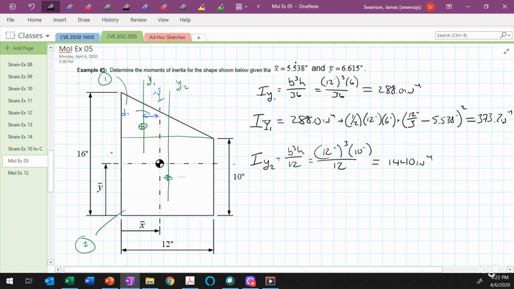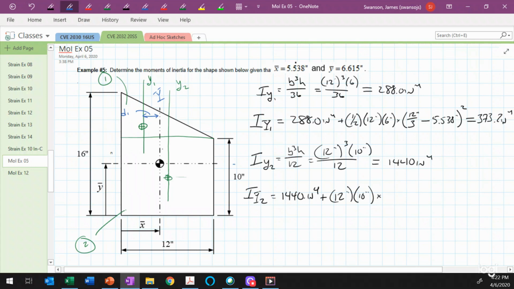Now I sub big Y2 is equal to that, 1,440 inches to the fourth, plus the area, so 12 inches by 10 inches, times the distance d squared.